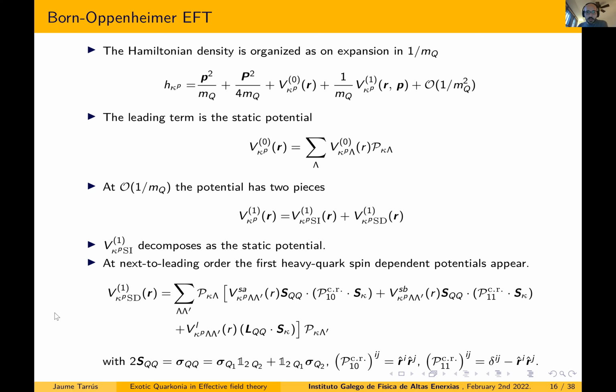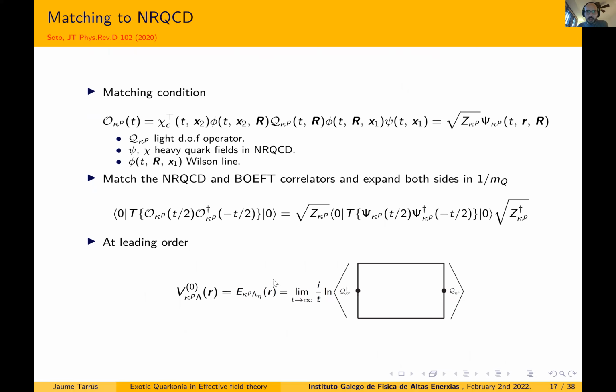Okay, so then the next question is how we obtain these potentials. And this is done by matching Born-Oppenheimer EFT to NRQCD. Here the matching condition is that the fields of the EFT are matched to this operator in NRQCD. This operator has a heavy quark at position x1, an anti-quark at position x2, and then these phi's are Wilson lines that connect the heavy quarks to the center of mass.